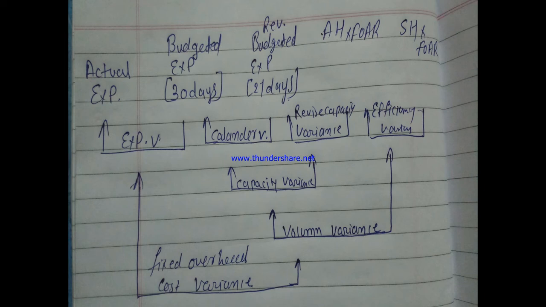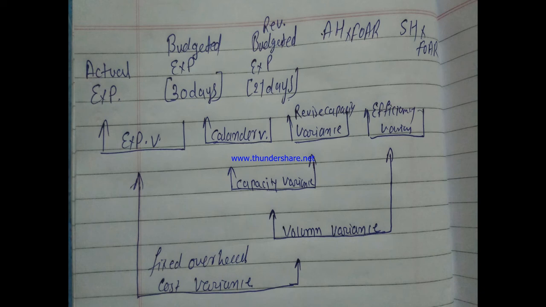Whenever we are calculating a practical sum of this topic, we prepare 5 columns, in which number 1 indicates the actual expenditure, number 2 indicates the budgeted expenditure, number 3 indicates the revised budgeted expenditure, number 4 indicates the actual hour into fixed overhead absorption rate, and number 5 is known as the standard hour into fixed overhead absorption rate.